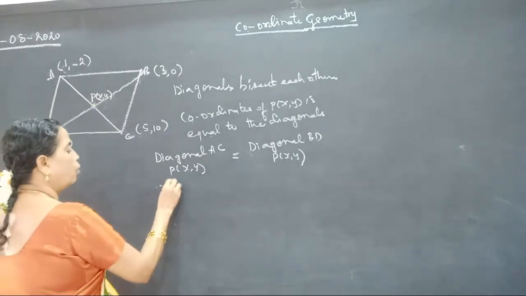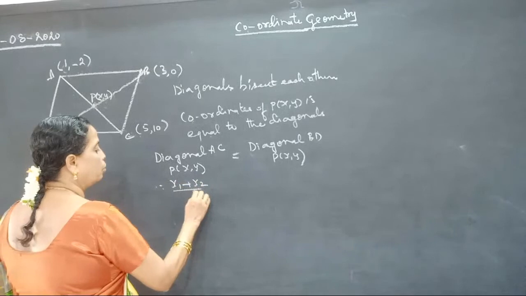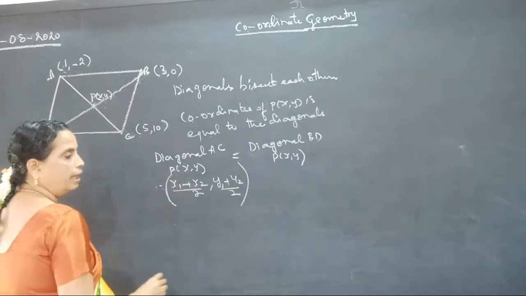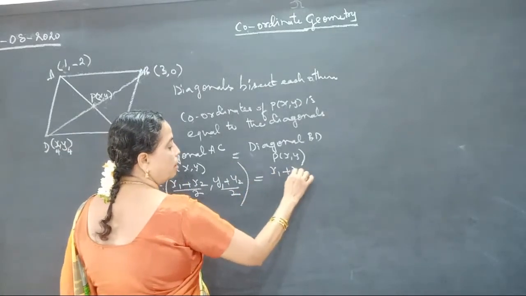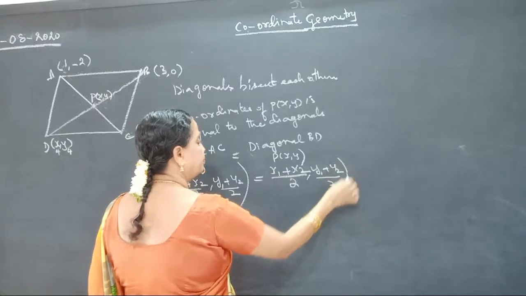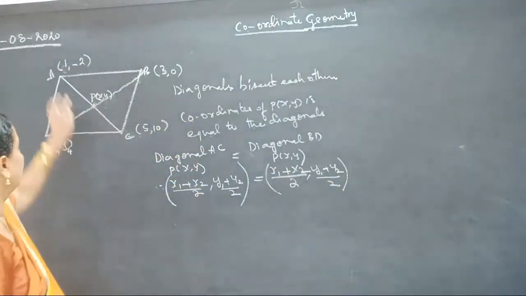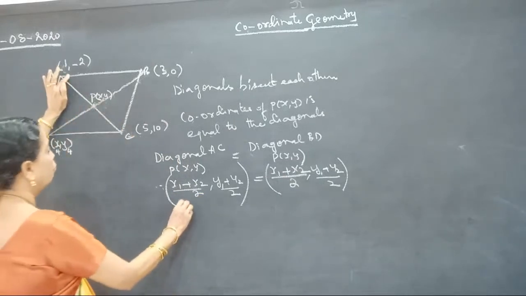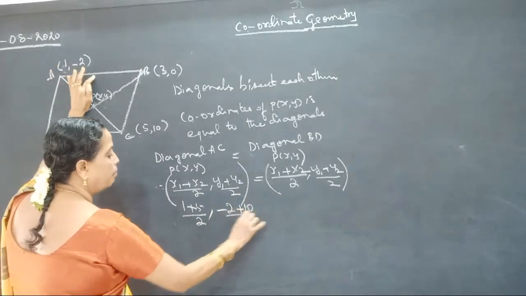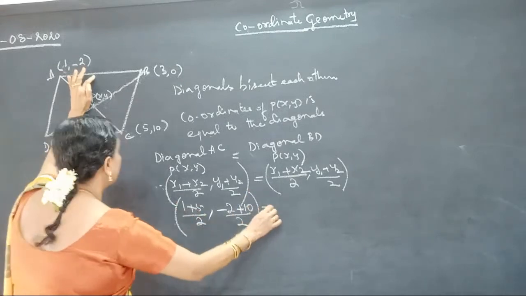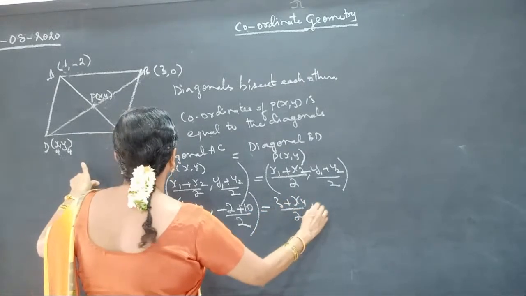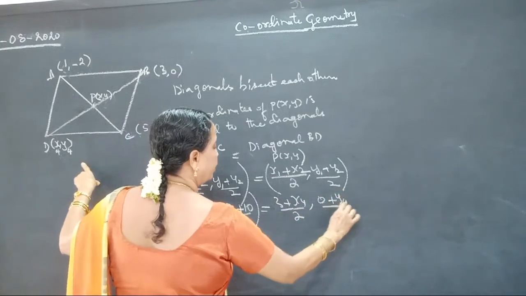That is, x1 plus x2 by 2, y1 plus y2 by 2 of the first diagonal AC equals x1 plus x2 by 2, y1 plus y2 by 2 of the second. Here, for diagonal AC, 1 plus 5 by 2, minus 2 plus 10 by 2 equals, for diagonal BD, 3 plus x4 by 2, 0 plus y4 by 2.